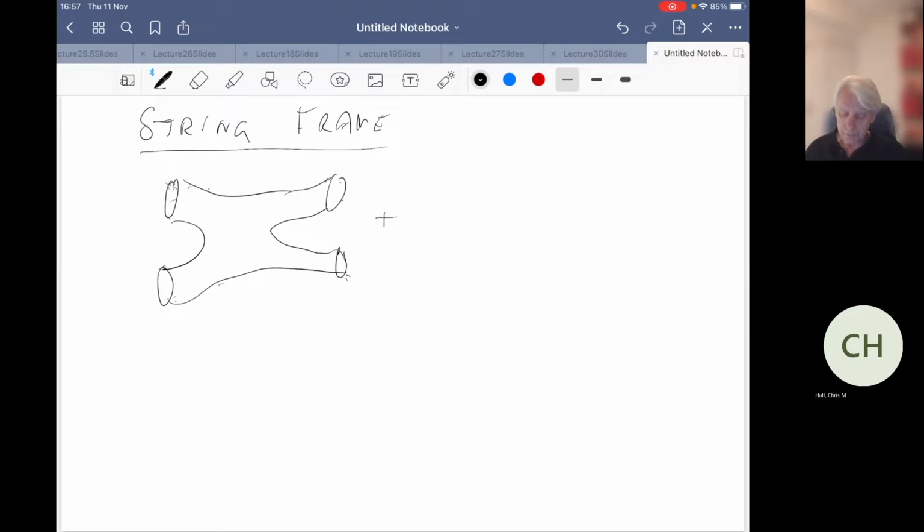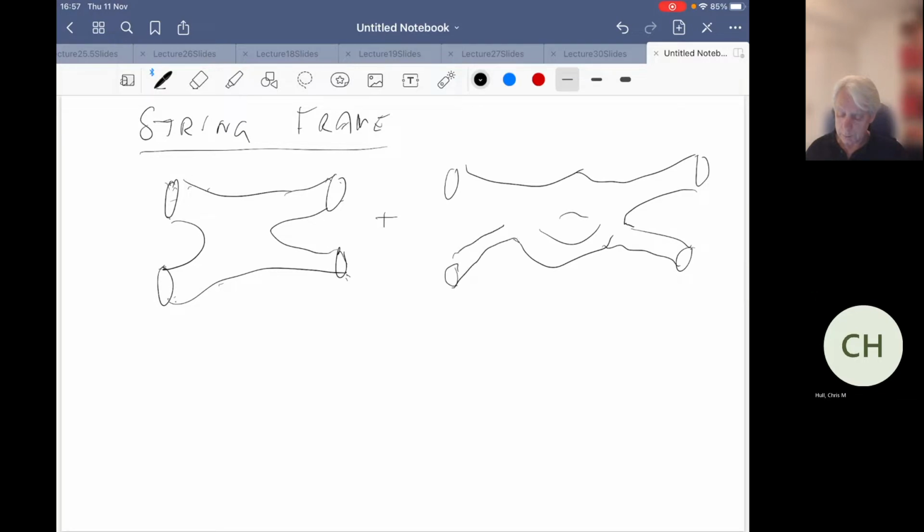We can think of this as this plus having an interaction, having a surface with one hole.